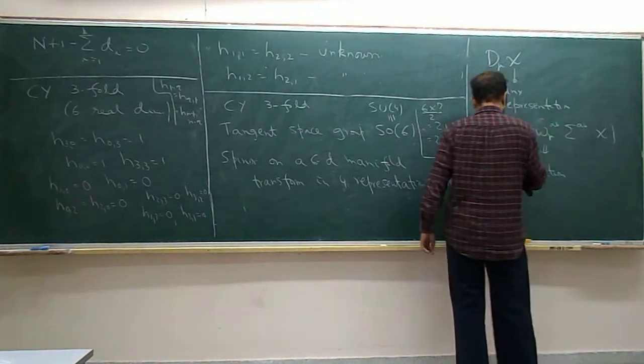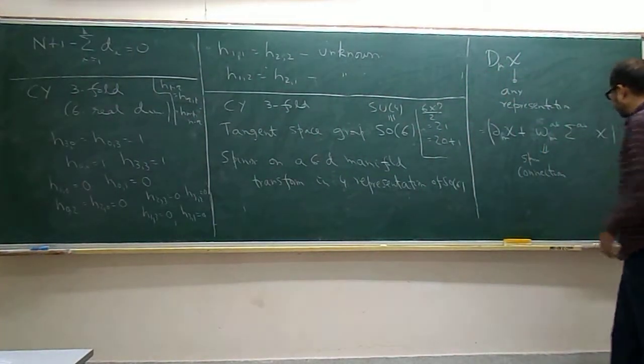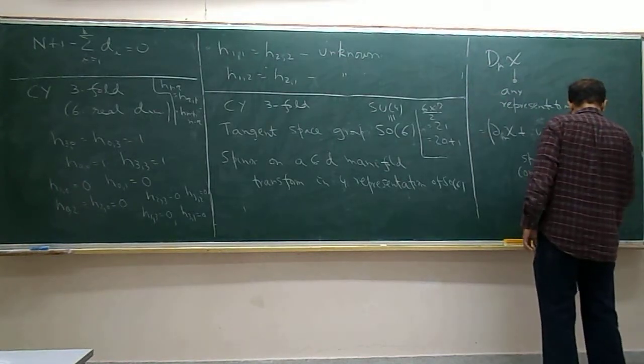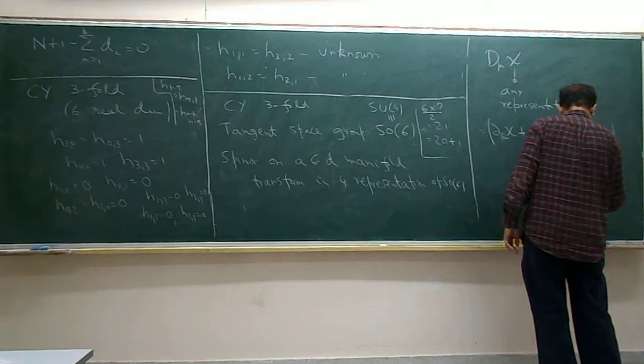Let me write not del mu but del m because these are internal indices. So this is the spin connection, and this is a generator in the given representation.